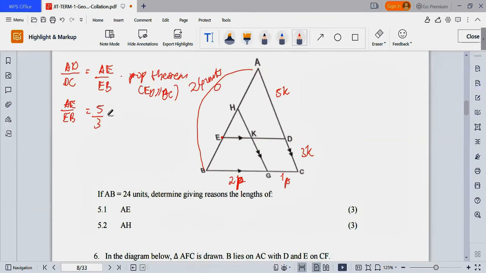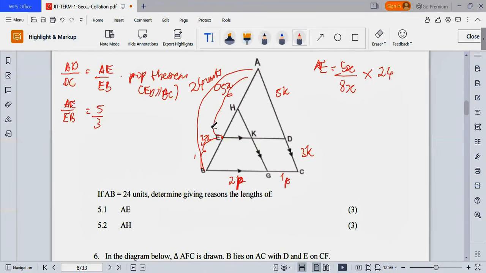If we have identified that, we can identify this one as 5x and 3x. Using the total ratio, 5x and 3x, that's 8x. To look for AE, what is the ratio for AE? It is 5x. The total of the ratios is 8x, then multiplied by the total length for AB, that's 24.